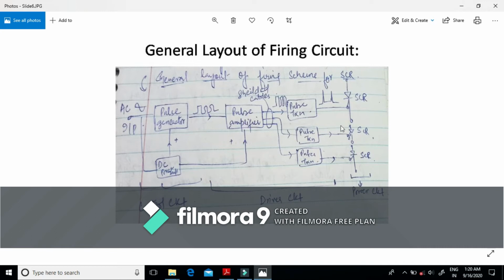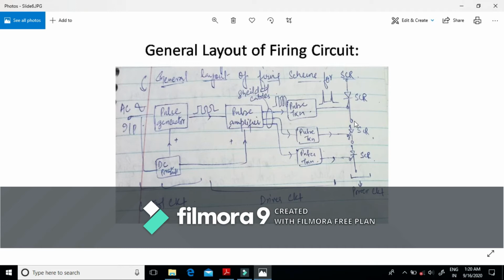This firing circuit should fulfill two main functions. One function is that, as we know, this power circuit consists of a number of SCRs. This means that the firing circuit should produce gating pulses for each SCR at the proper desired instant.